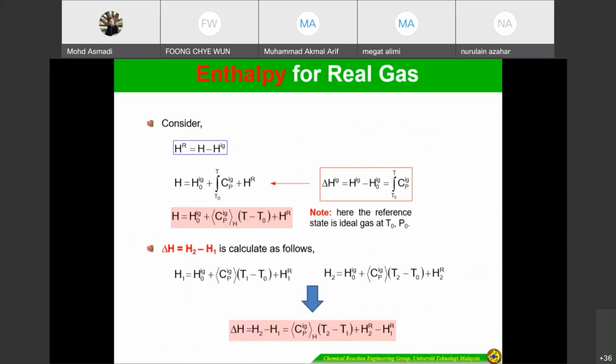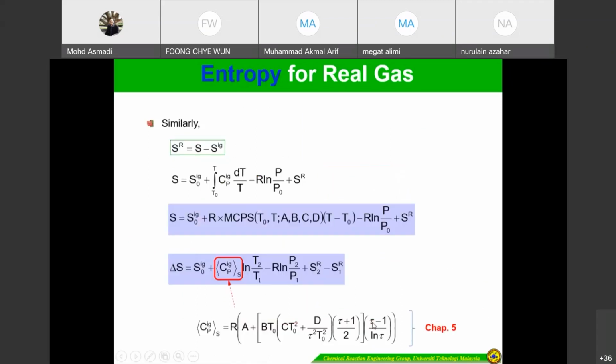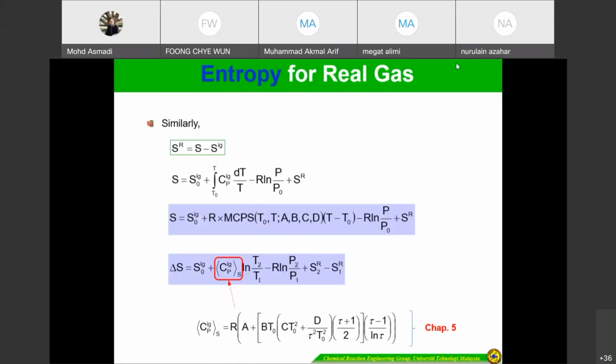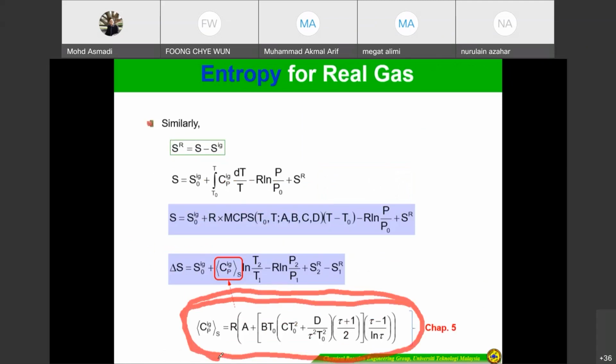Based on the enthalpy of the real gas, if you look here, we already derived, just like previously, C_P^ig (T2 minus T1) plus H2^R minus H1^R. This one is the residual. That is for the enthalpy, but for the entropy you have to refer to chapter 5, the mean entropy.